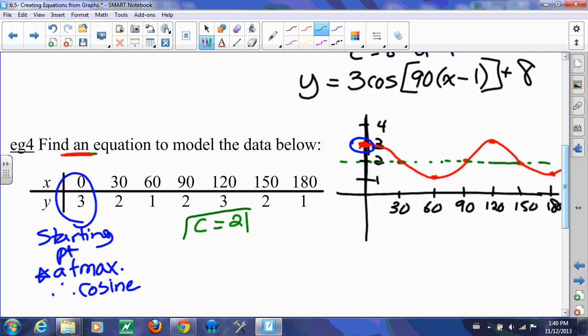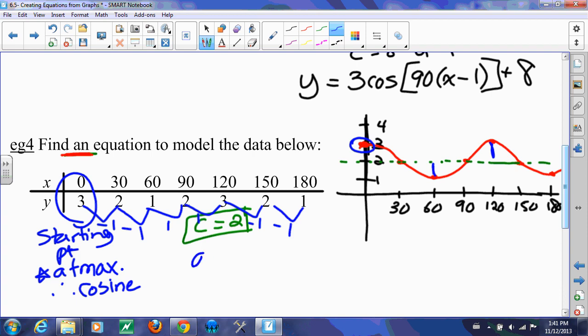Now to do your amplitude, you can take a look at your graph and say, hey, what's my distance here or here? Or take a look at your first differences, ladies and gentlemen. 1 subtract 2 is -1. 2 subtract 3 is -1. 3 subtract 1 is 1. 2 subtract 1 is 1. 1 subtract 2 is -1 and -1. So you notice in your first differences, if you take the absolute value of that, it would be your amplitude.